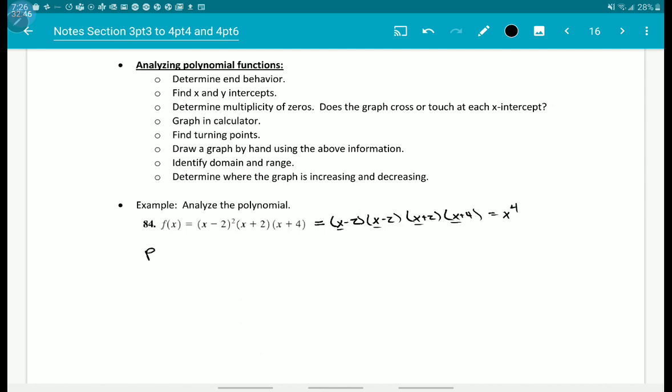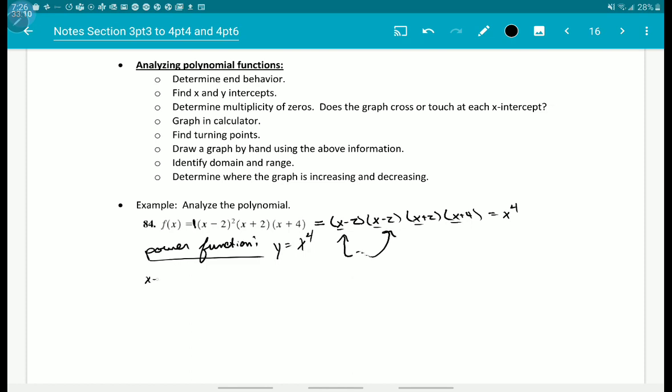So there's your power function. The leading coefficient here is 1. So our power function is y equals 1x to the 4th. Now this is a positive leading coefficient. It has an even exponent. So that end behavior is going to look something like that.